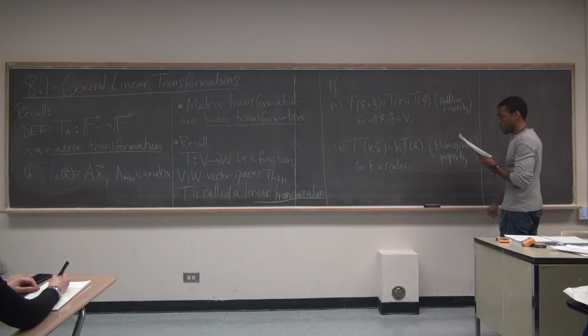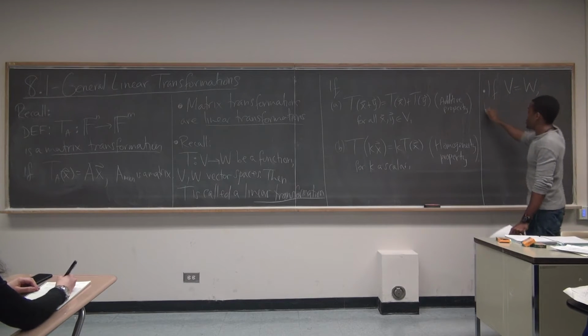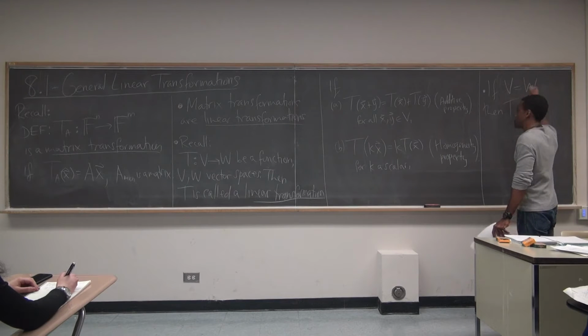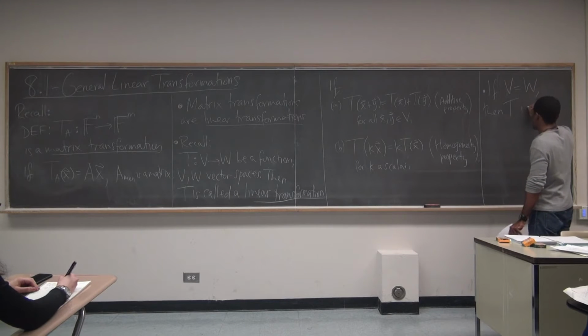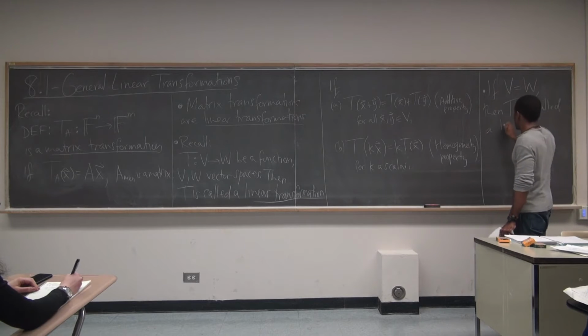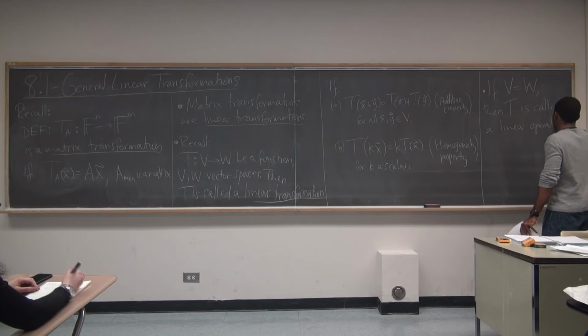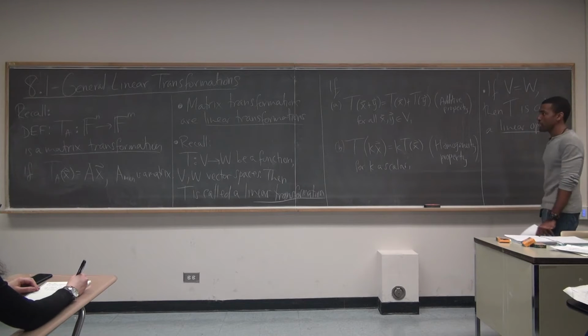So if you see that word later, just think of this, it's the same thing. New terminology: if V is the same as W, then T is called a linear operator. I probably told you that already, it's all a blur at this point. I guess the good thing is now you'll remember it since we're repeating it so many times.